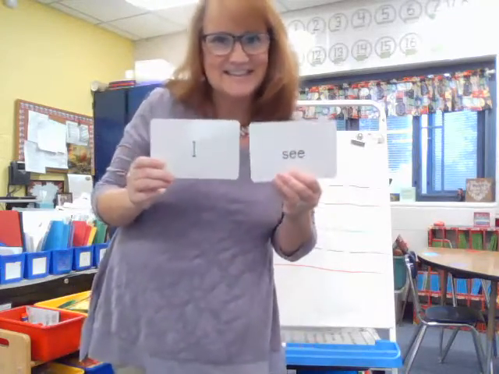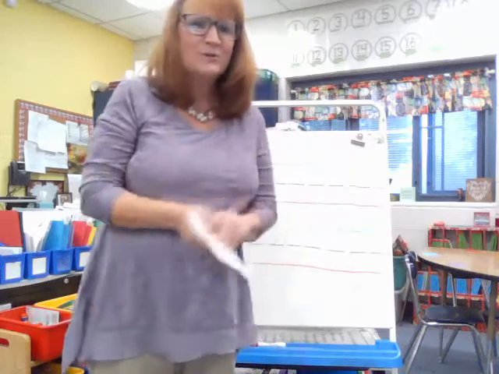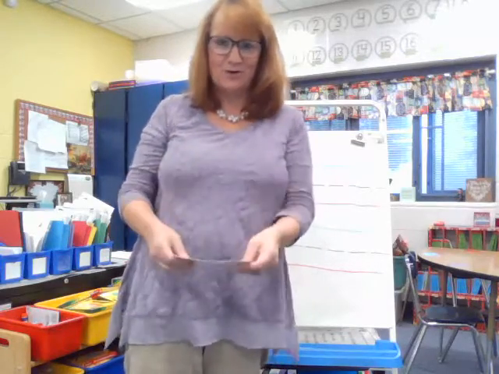Now, all of your sentences are going to start with these 2 words, I and see. And you know those words very well because those are words that you've already had in your little books. So I and see. And we're also going to be really thinking about leaving space between words as we write. All right.